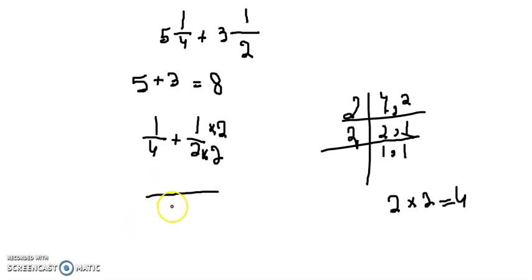And now the denominators are the same, we can take them common, so it will be 4 at the denominator and 1 plus 2 at the numerator. So it will become 3 over 4.